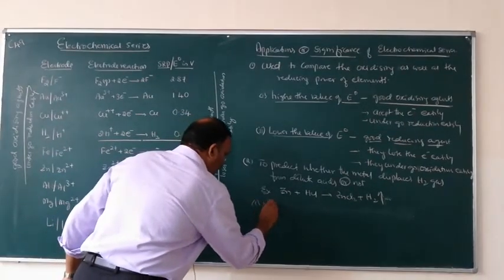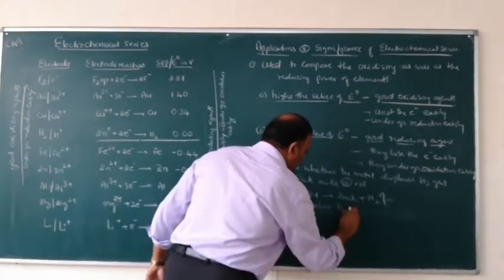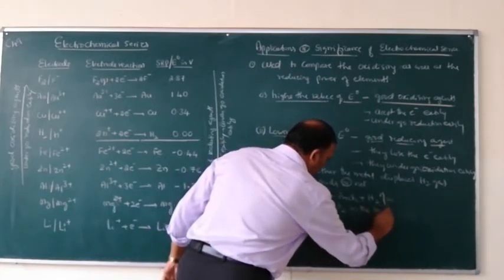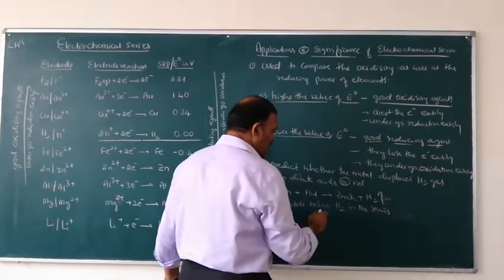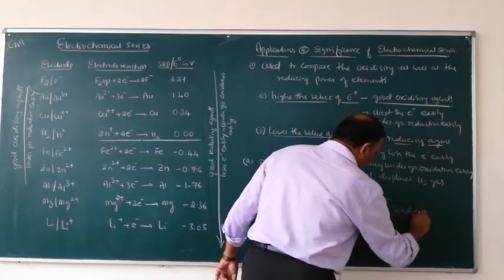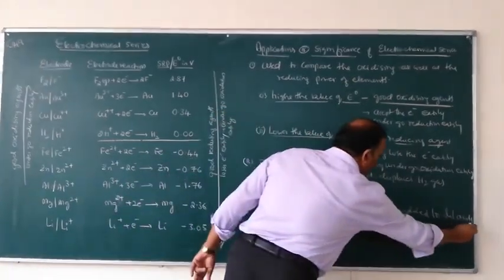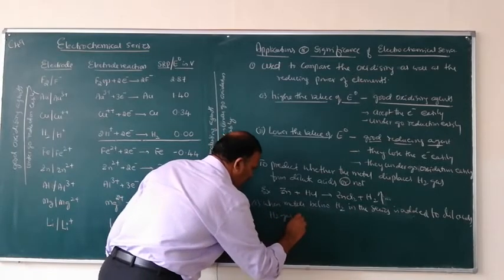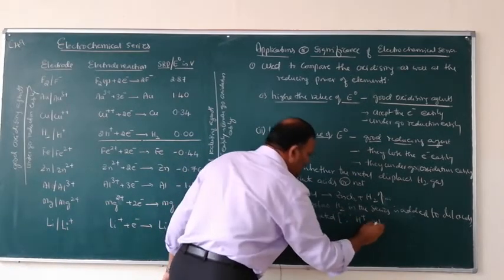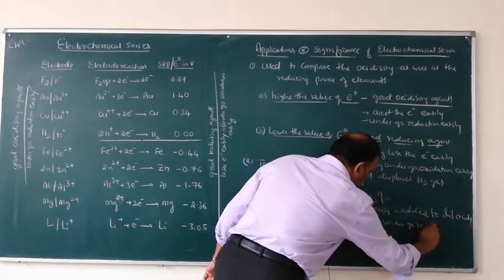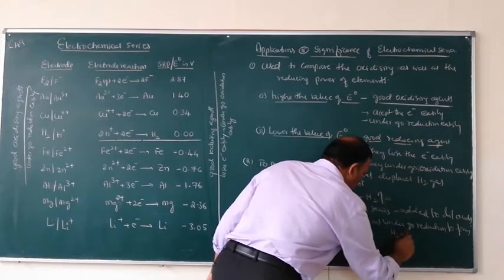So point number 1, when metals below hydrogen in the series are added to dilute acids, hydrogen gas is liberated because hydrogen ions undergo reduction to form H2 gas.